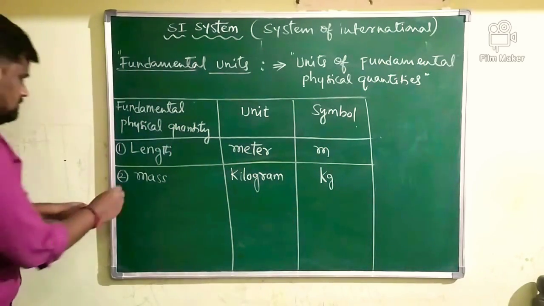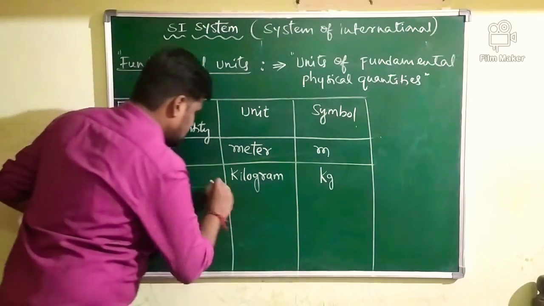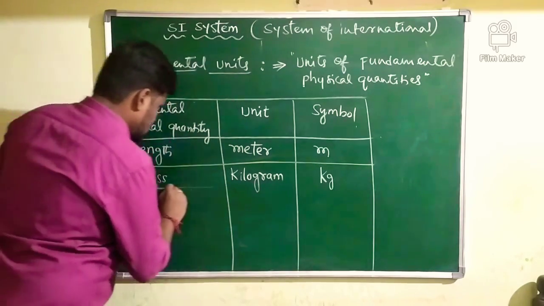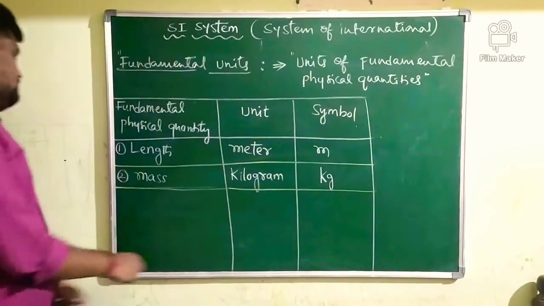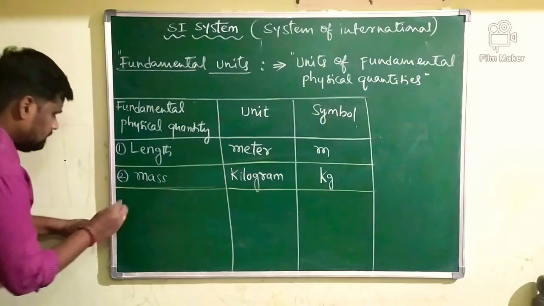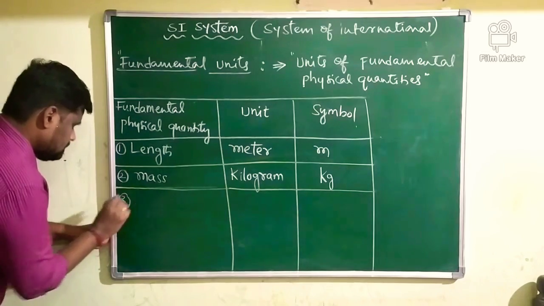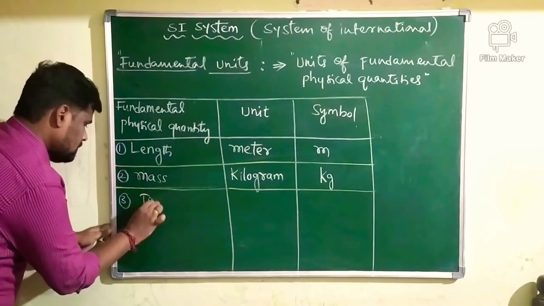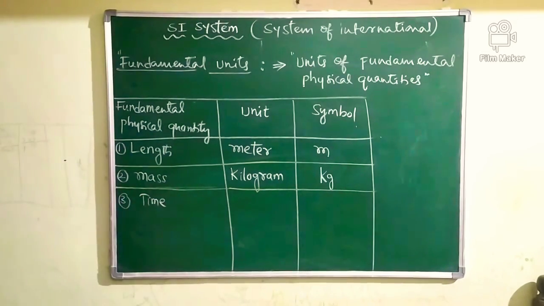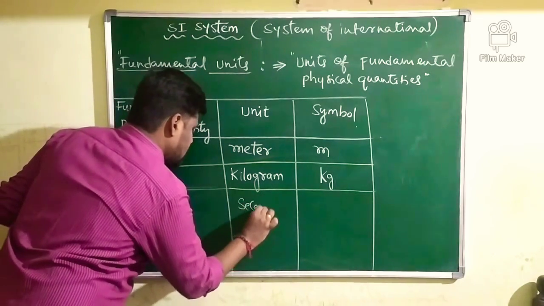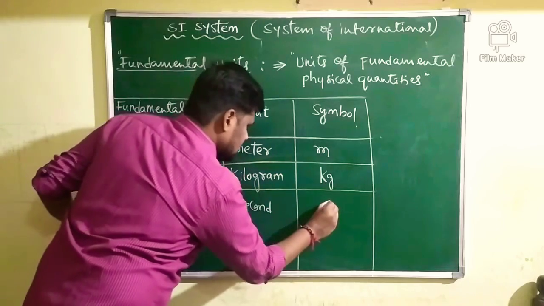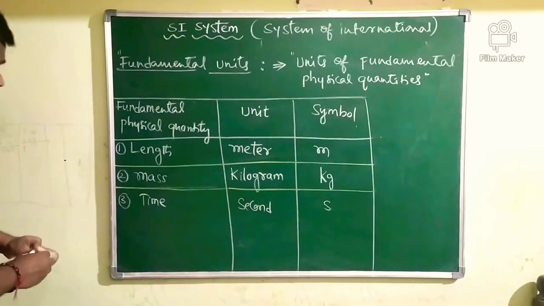Kg is a unit of mass in which system? Yes, SI system. Next comes the third one, time. Third fundamental physical quantity is time. The unit of time is second. Symbol is s. This is the third one.